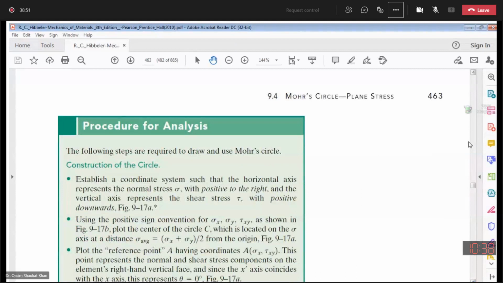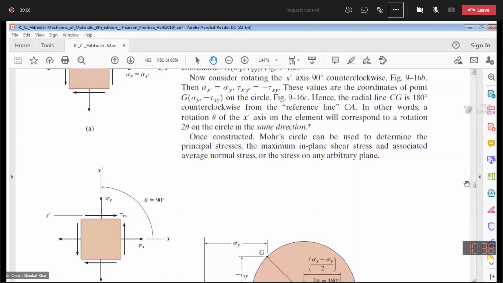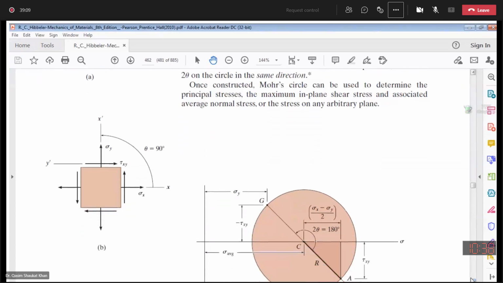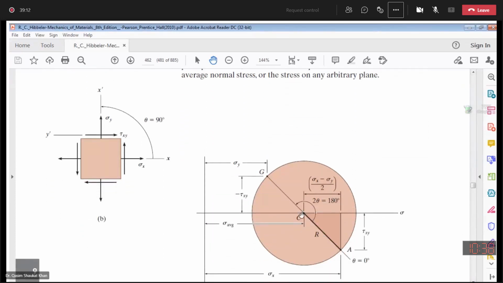So now the complete procedure is given. Before we go further, is everyone clear how we have determined the center point of the Mohr circle, how we have marked the reference point A, and how we got this point G?